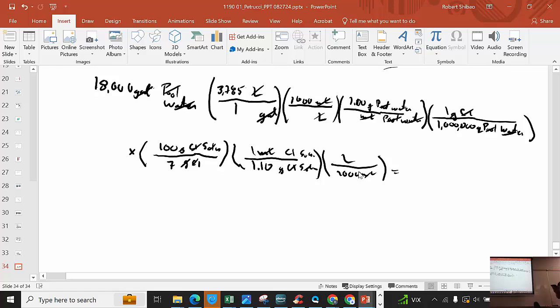I'll skip the 1 and divide by 1,000,000, or 1 times 10 to the 6, times 100 divided by 7 divided by 1.1 divided by 1,000. I probably could have saved a little bit of time doing some other stuff, but I get, and then you can verify this as well, 0.8848.